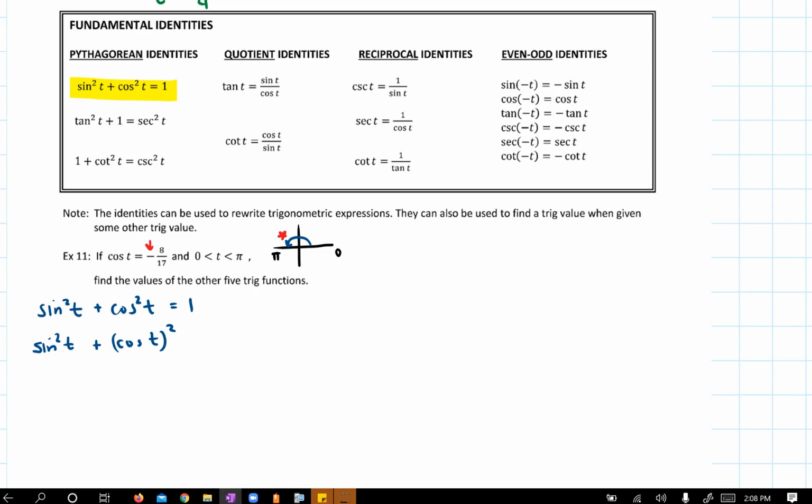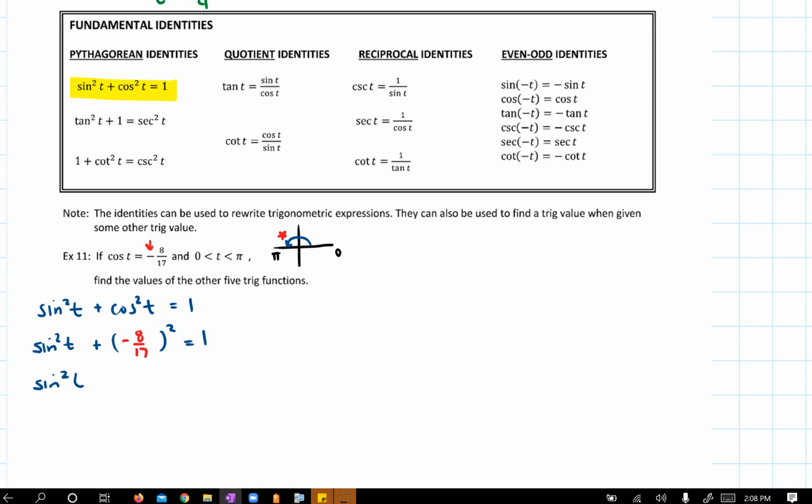And we have cosine t, which is now going to be -8/17, equaling 1. Now do yourselves a favor. We can simplify just a little bit.